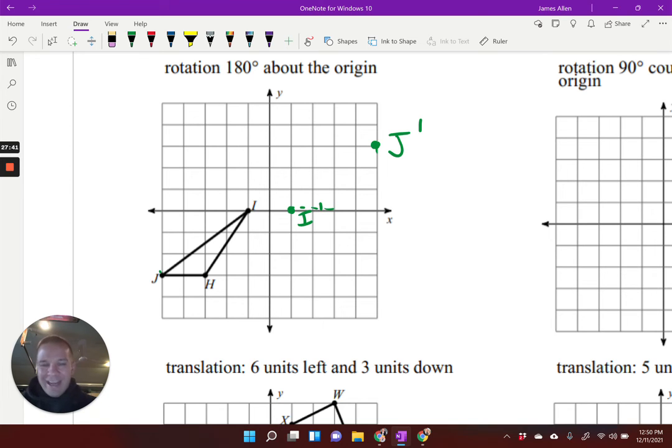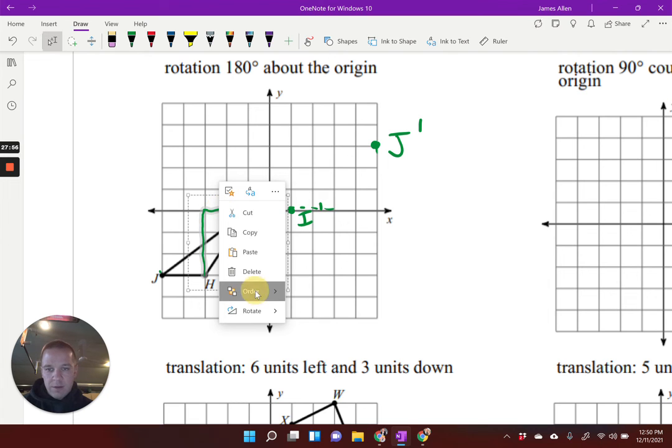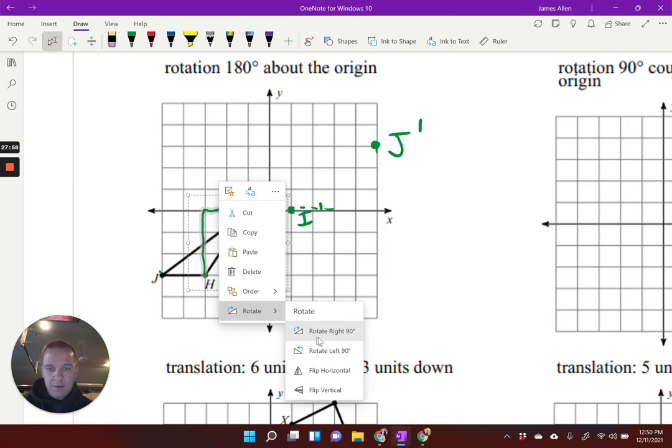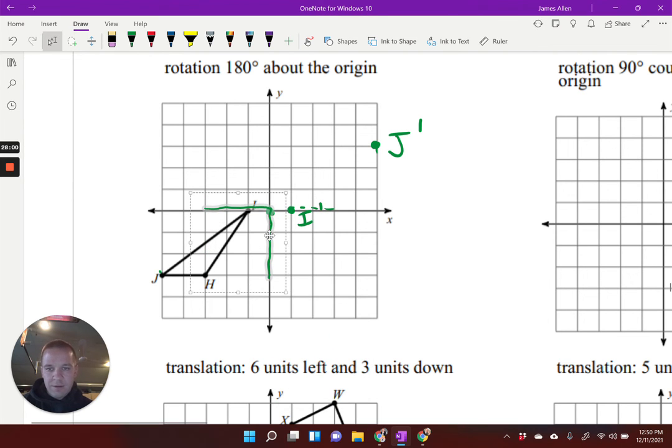Okay, so next one, we got H. So for this one, I am going up 1, 2, 3, and over 3. And if I were to do that fancy with that point being at the center, right, because that's the origin, if I were to rotate this thing, rotate 90, that would be right here.